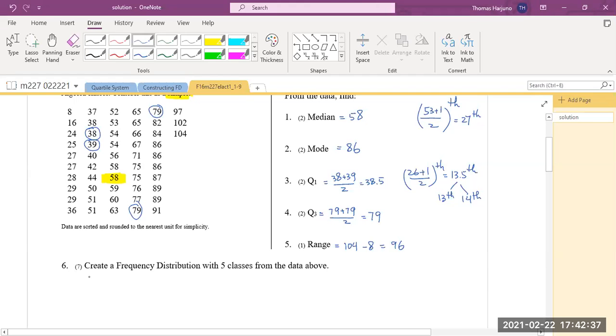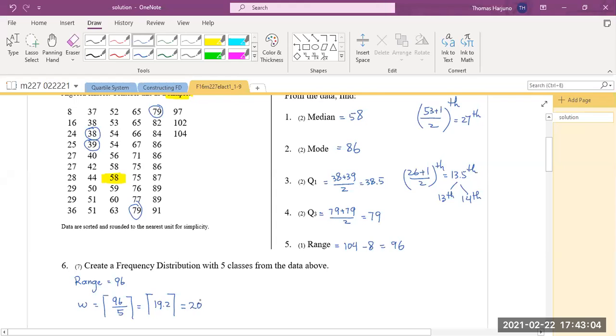Now then number 6, create a frequency distribution with 5 classes from the data above. We need 5 classes. The range is 96. That's from number 5. So what is the class width? The class width will be 96 over the number of classes. It gives me 19.2. But we always round up.